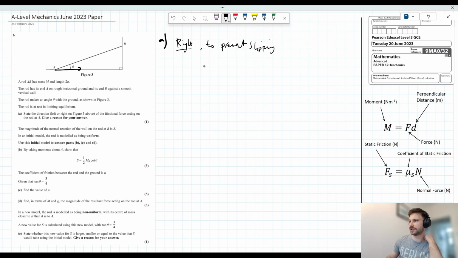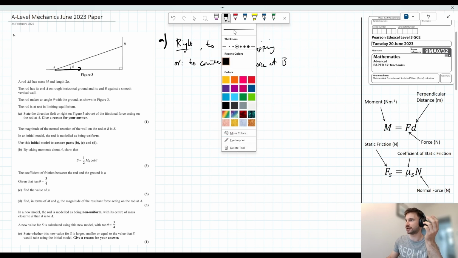Or alternatively, we could say to counter the normal force at B, something like that. Apologies for my handwriting here. It describes later in the problem that the magnitude of the normal reaction of the wall on the rod at B is S, so we can add that to our diagram here.